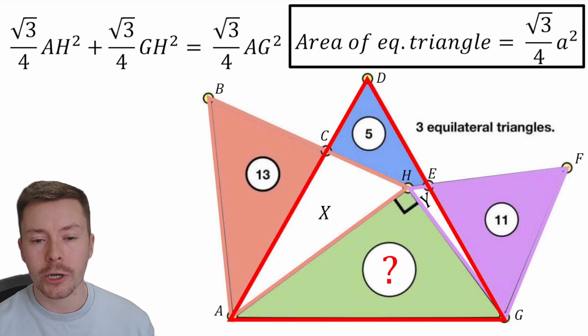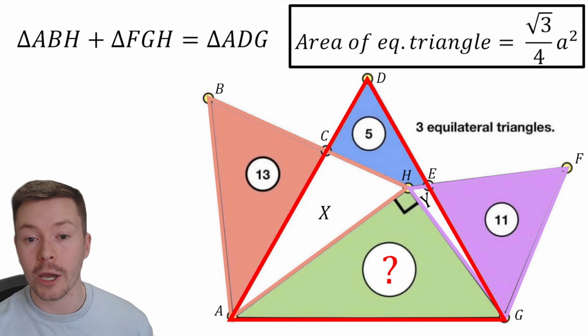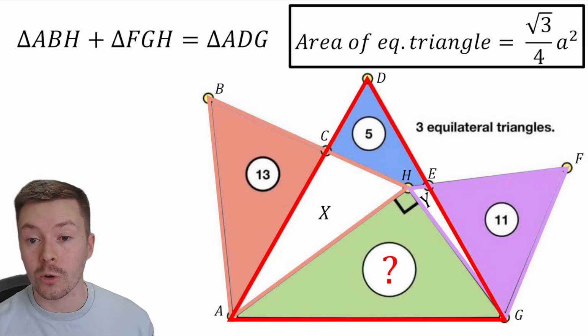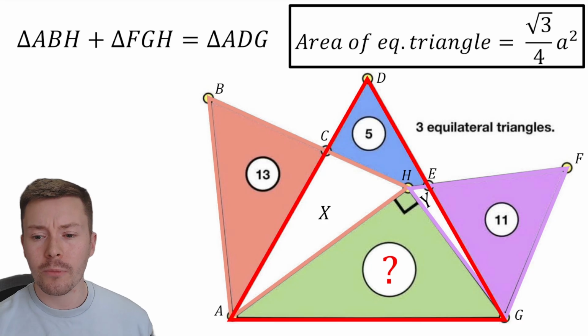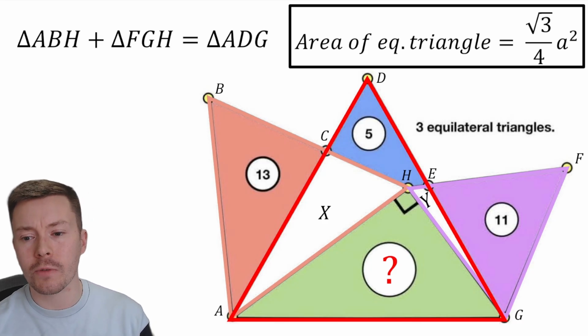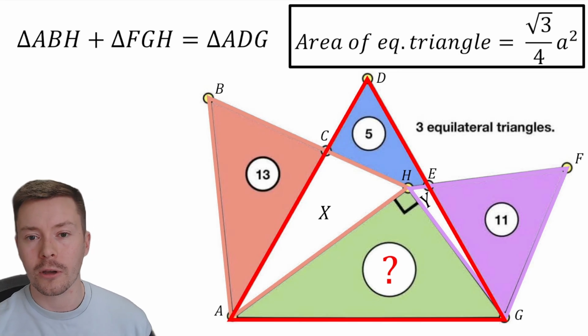So I could write this as the area of triangle ABH, plus the area of triangle FGH, is equal to the area of triangle ADG. And then from there, I can write the areas of each of those triangles in terms of numbers and X's and Y's and a question mark.